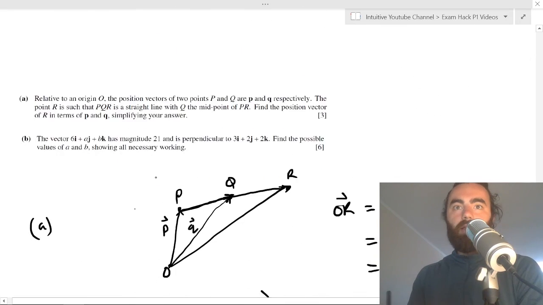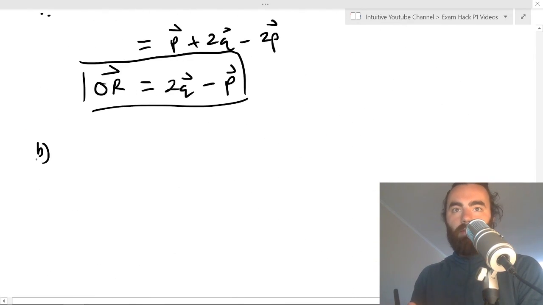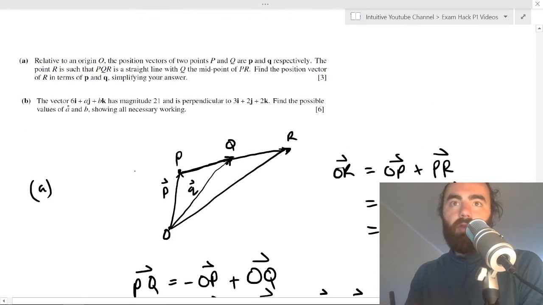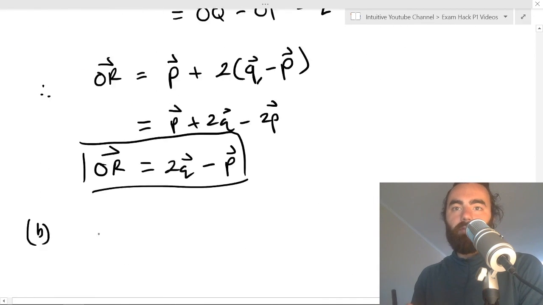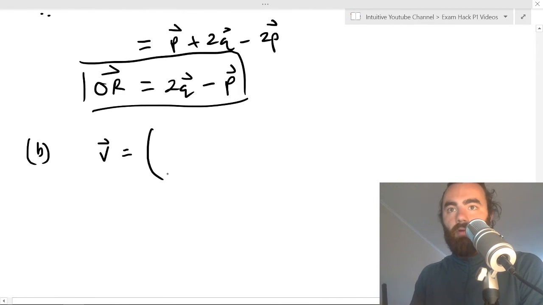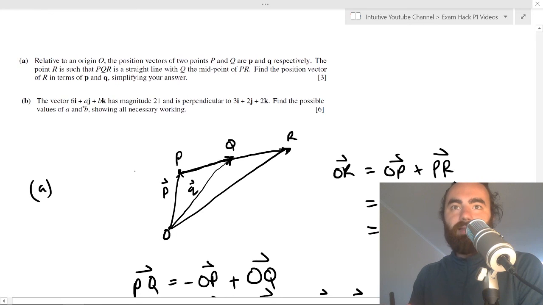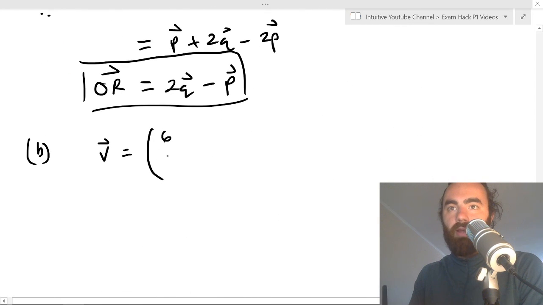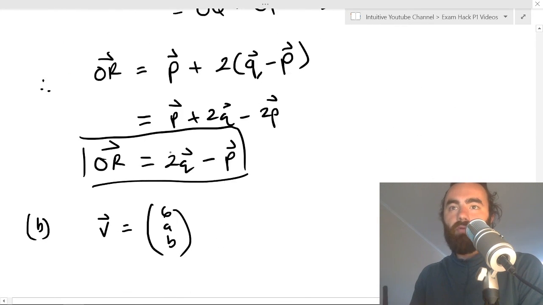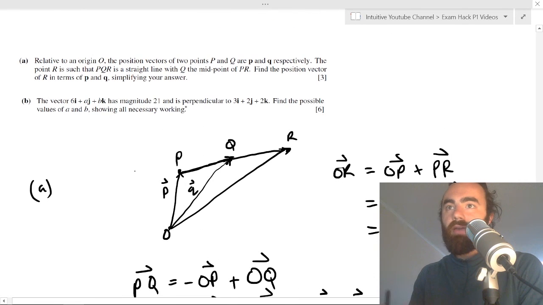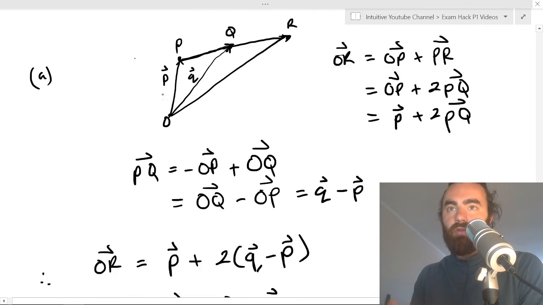Okay, and then finally B. Here we're given a vector, let's call it V, of 6, a, b. So I'm just rewriting it in vector form because I always like it in this form instead of the IJK, and it has a magnitude of 21.